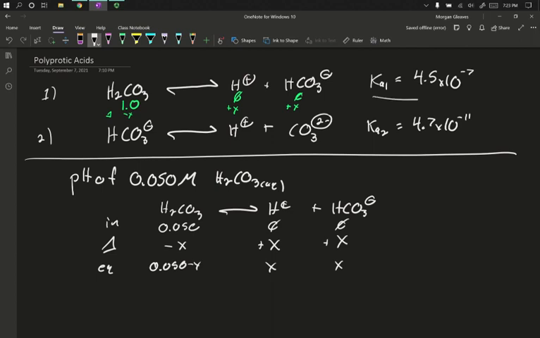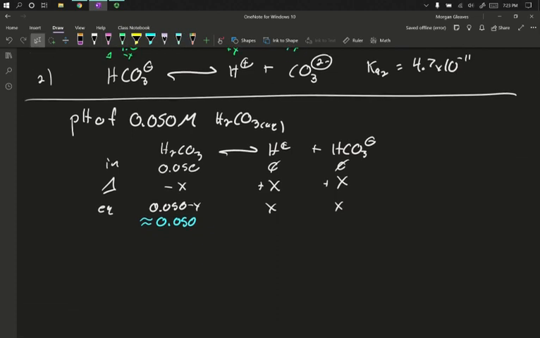Given how small Ka1 is, it's safe to assume that we can simplify this and say that indeed we do lose a little bit of our starting material, but within our error, it's just going to round back to look like the starting value. So we can save ourselves having to do the quadratic equation.